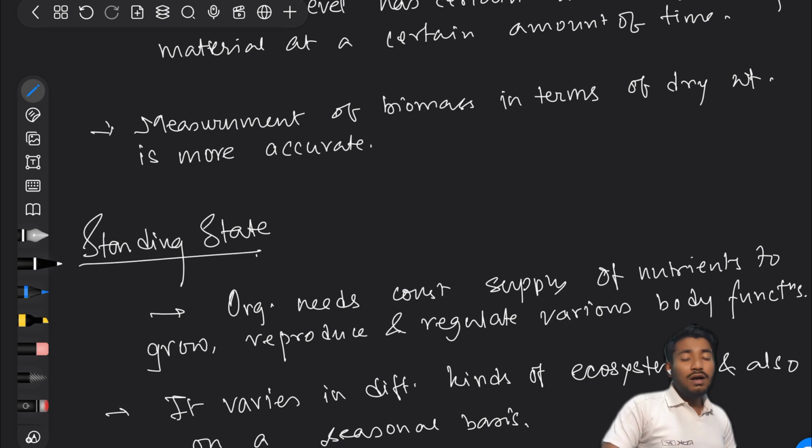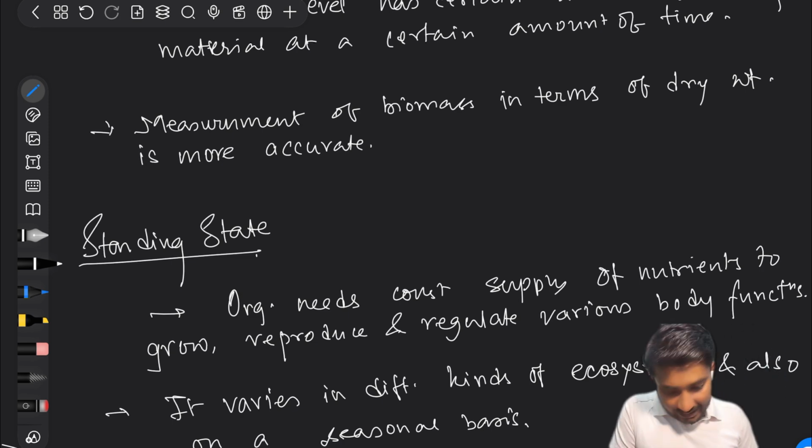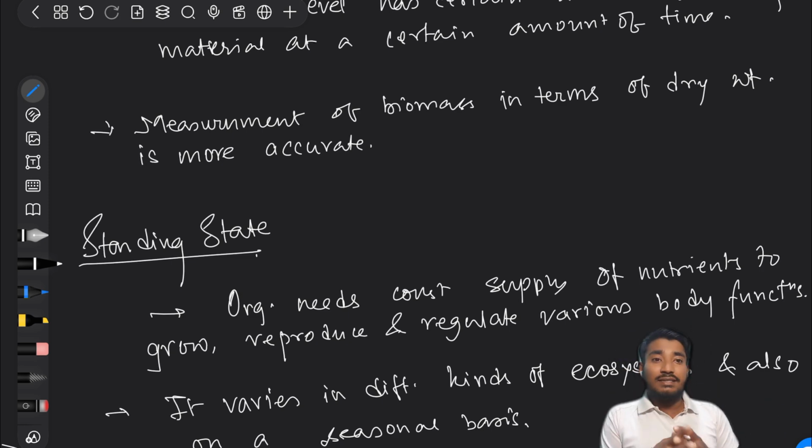Okay. So these are the things that are generally asked in the NEET examination. So I will complete the whole thing by the next lecture. I am stopping here for today. In the next lecture, we will see the ecological pyramids: the pyramid of number, the pyramid of biomass, the pyramid of energy, which is asked in the examination.